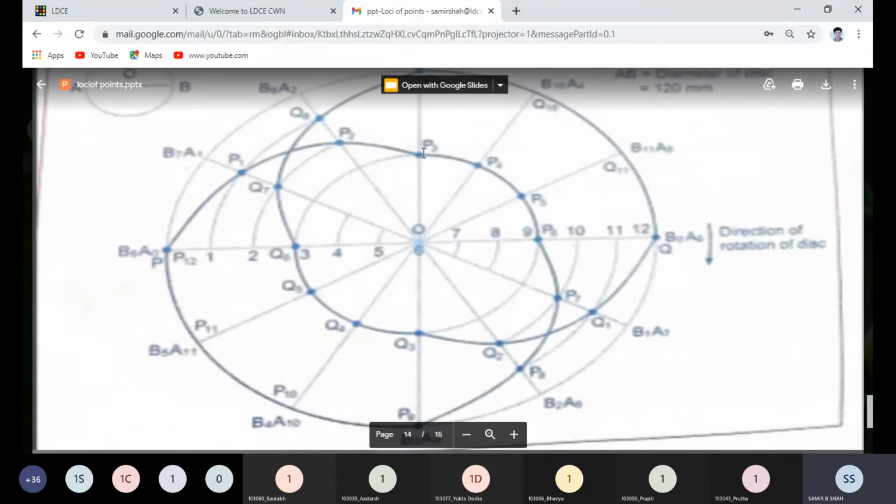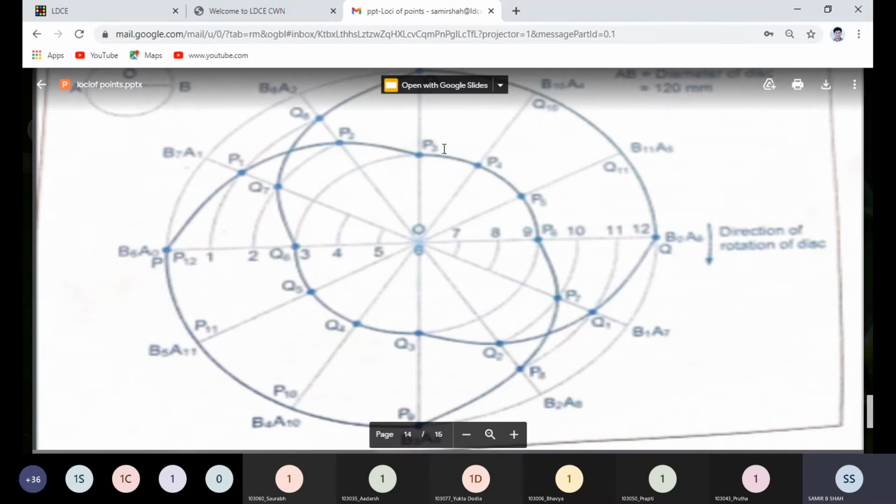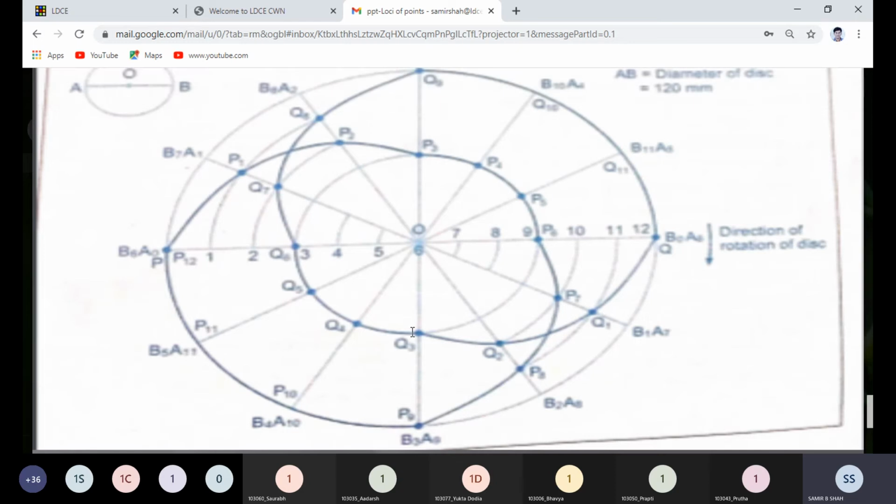So we are getting point P3, and this is the dimension P9, and we are getting on the B3 line that is Q3. So we are getting P1, P2, P3 and here we are getting Q1, Q2 and Q3.